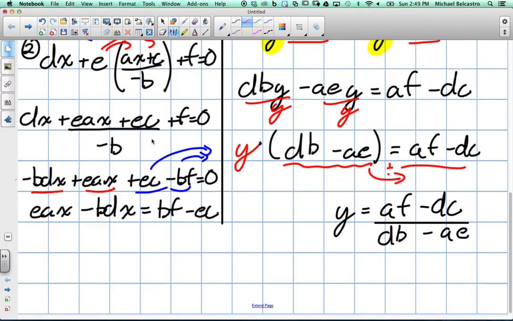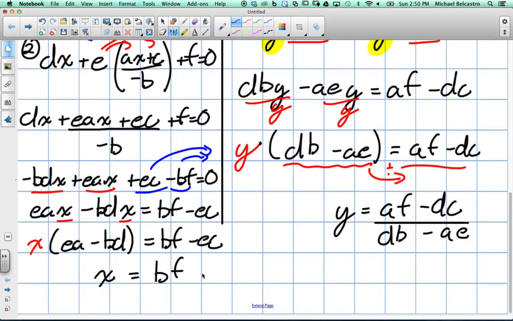Same idea, we're going to common factor out this x, so it'll become x bracket ea minus bd is equal to bf minus ec. And again, we bring over the entire bracket, so it becomes like a large fraction. x is equal to bf minus ec divided by ea minus bd. And there you have it.